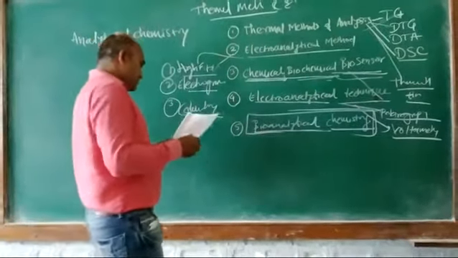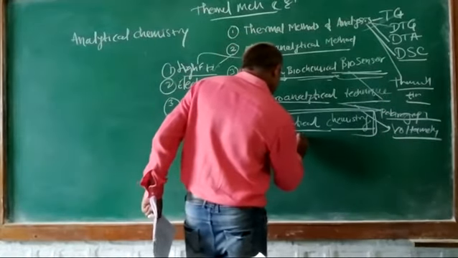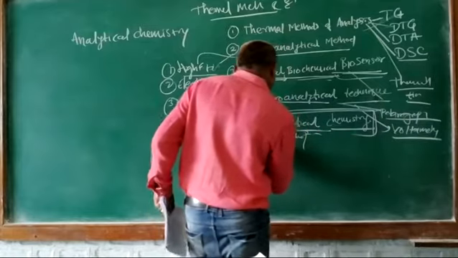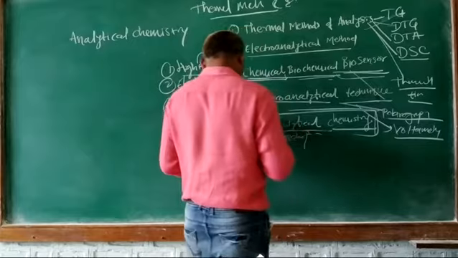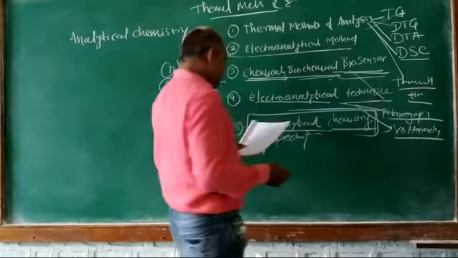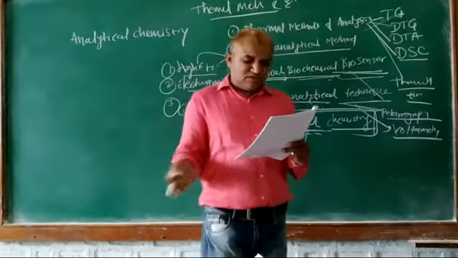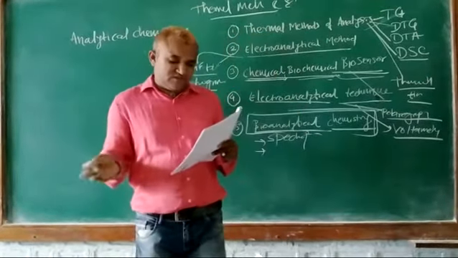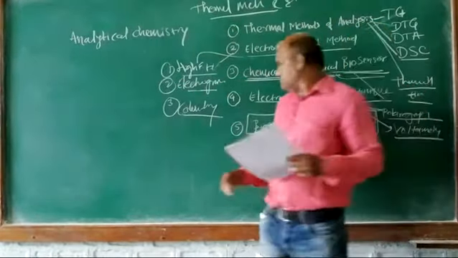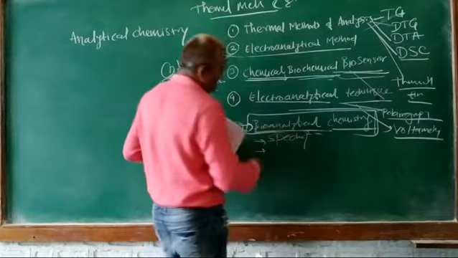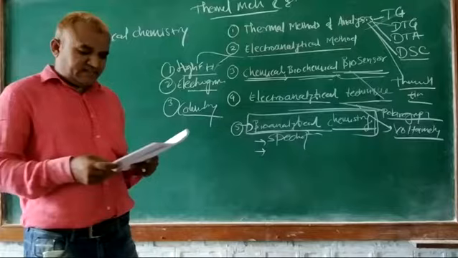These instruments include spectropolarimetry, by which we determine NADH, hormones, drugs, pesticides, and cholesterol in biological samples. We will study this in the fifth chapter of analytical chemistry, as the name says, bioanalytical chemistry.